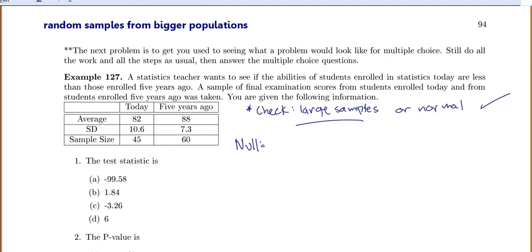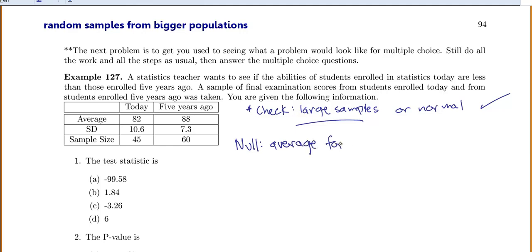Then the null would be that the final exam scores, the average scores for all the students 5 years ago and the average scores for all the students today, would be the same. So no difference. Null is always that they are the same.